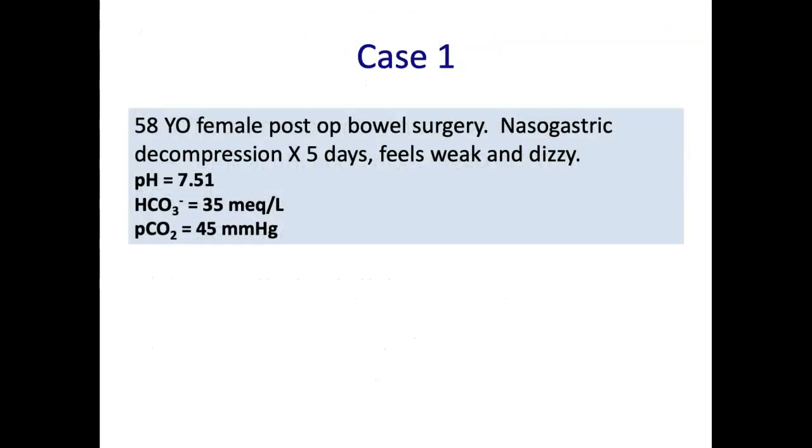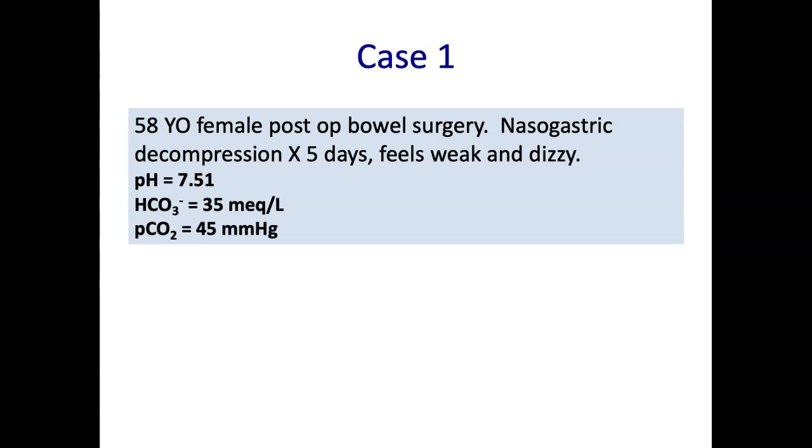First, a 58-year-old female after bowel surgery says she's had nasogastric decompression, which is like a tube in her stomach sucking out fluid, for 5 days, and she feels weak and dizzy. The pH is 7.51. Is it normal, low, or high? It's high.